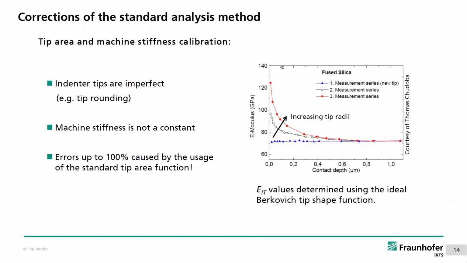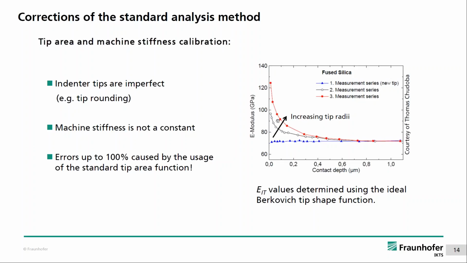And the errors are shown here. The blue is a very new tip, so the shape should be pretty good. This is contact depth, and you see the blue line for the Young's modulus is pretty straight, so pretty good. And then if you wear the tip and use the one tip to measure several times again in the same material, then you have a tip rounding, and depending on the age, at lower contact depth, the data you get for the Young's modulus are completely wrong.